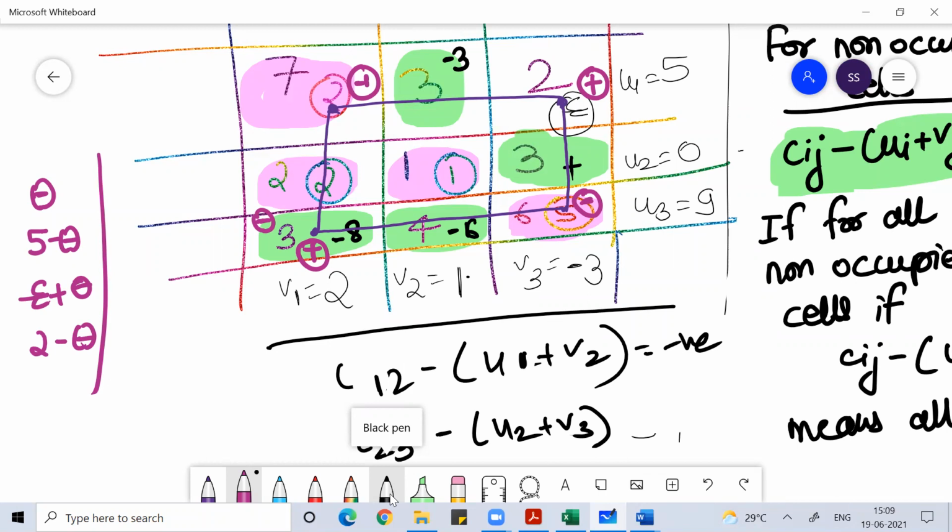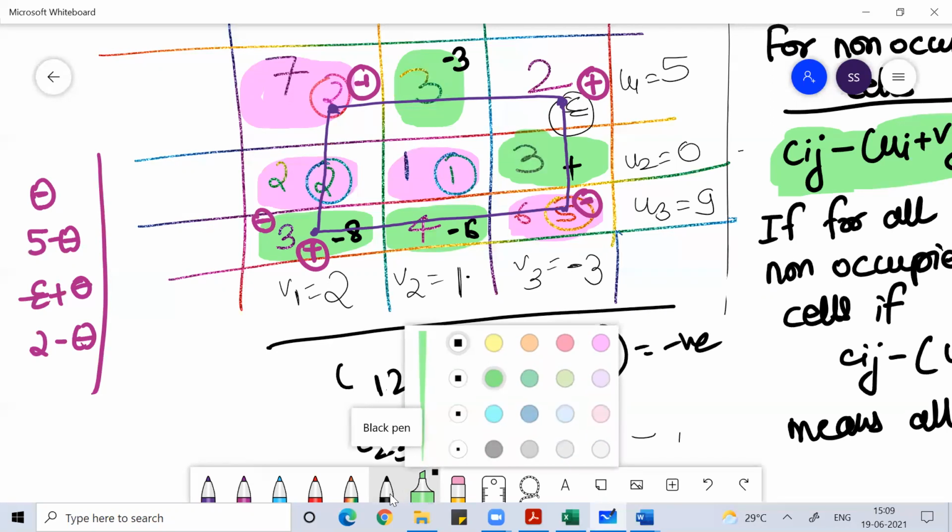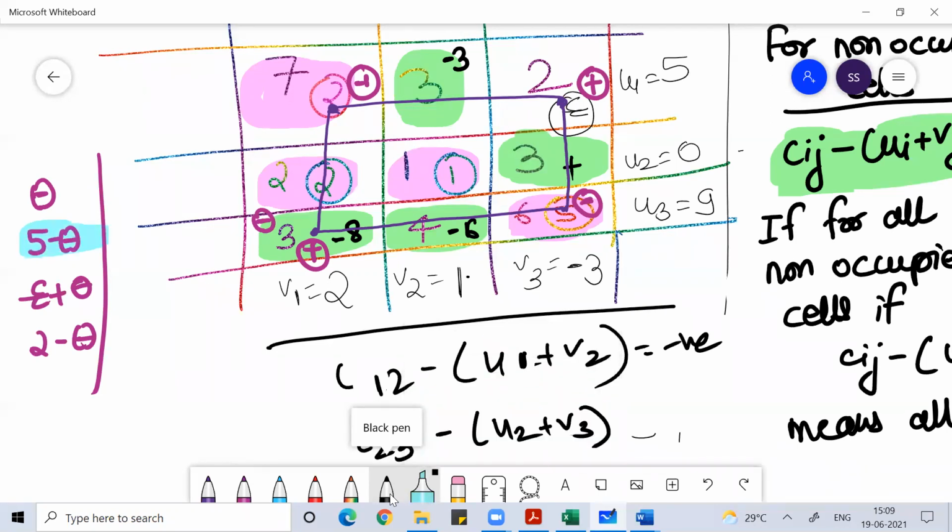Consider only the negative values here and see which is the minimum. The minimum is 2. So put theta equal to 2. So 5 minus 2 will be 3, this is 2 plus epsilon, and this will be 0.